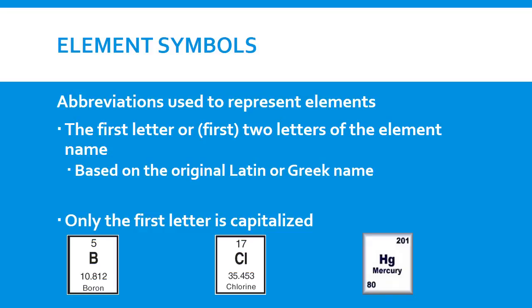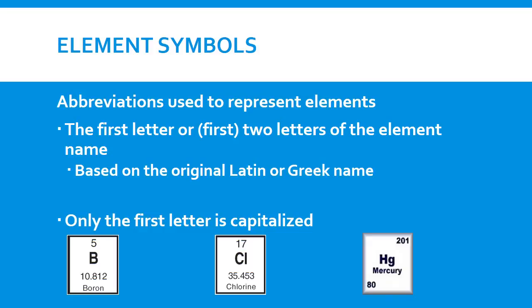Symbols for elements. Now we use abbreviations to represent elements. The first letter, or sometimes the first two letters of an element in most cases, is either based on the original Latin or Greek name or the current name that is used for the element. Now only the first letter is capitalized.